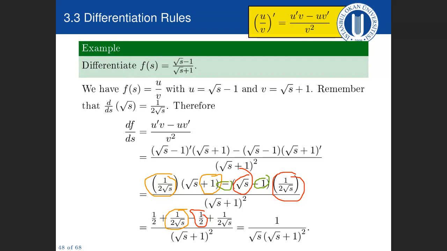So minus 1 multiplied by minus is plus 1, multiplied by 1 over 2 root s is plus 1 over 2 root s. Plus a half minus a half cancels out. We get 1 over 2 root s plus 1 over 2 root s. Because a half plus a half is 1, that's just the same as 1 over root s on the top. Or we can put root s to the bottom to get 1 over root s like this.